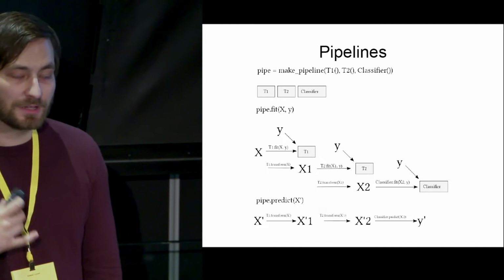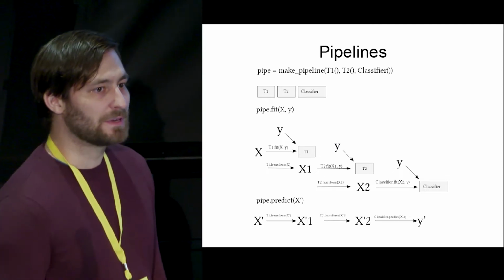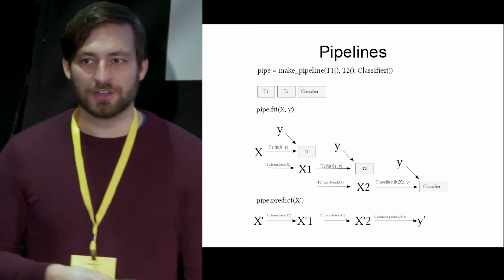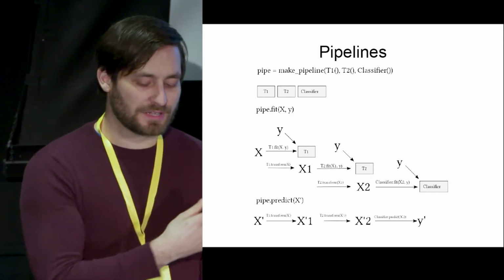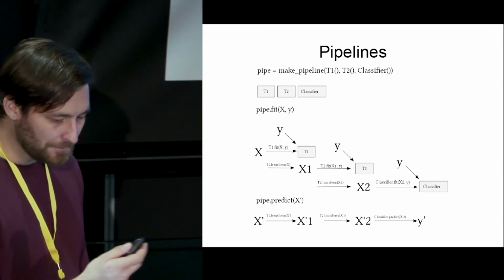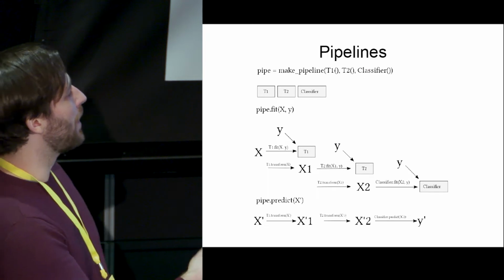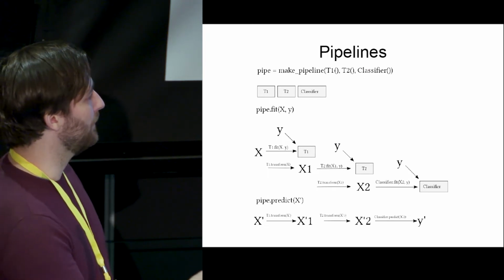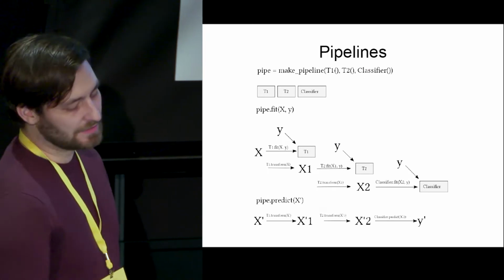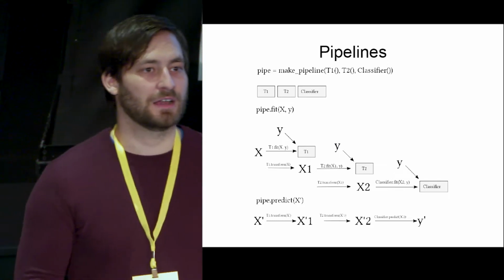These kinds of processing chains are very common, and basically anytime you apply any machine learning algorithm, you're likely to have this kind of processing chain. And then if you call predict, it will just call transform on all the steps in sequence, and in the end call predict on the last model in the chain.